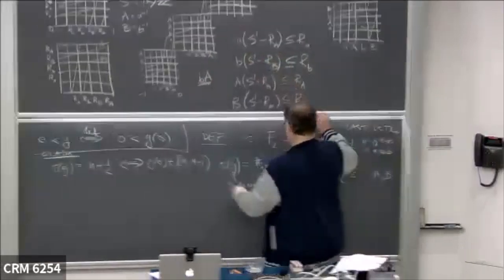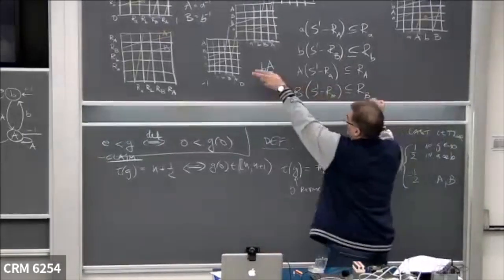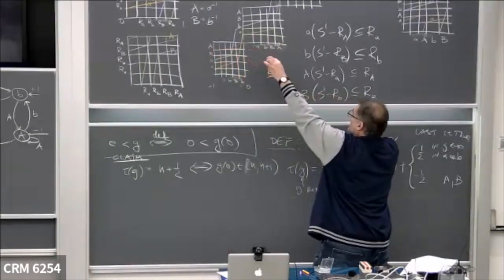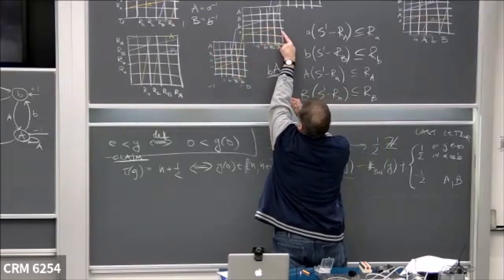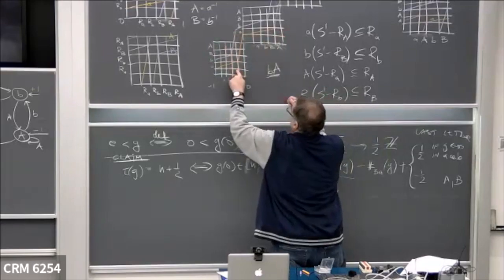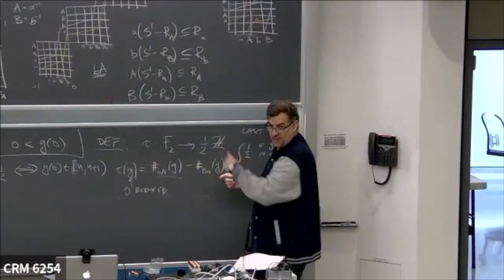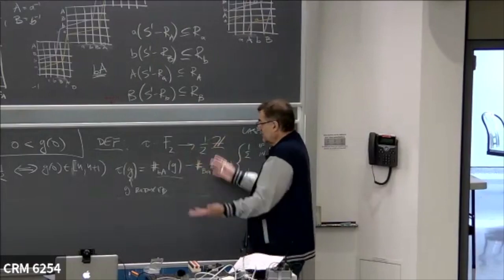And same story if you go down. How can I go down? The only way to go down is to be in the region A and apply B inverse. And that's it. I just keep track of how many times I jumped over an integer to the left or to the right. So that's the job.